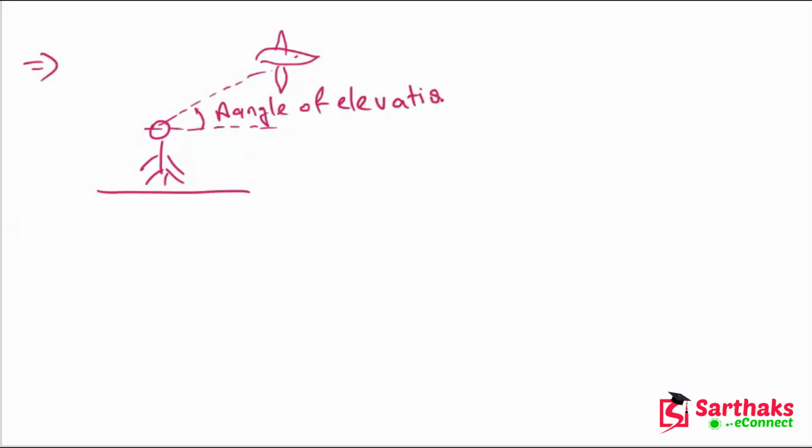So we can say that the angle of elevation is an angle that is formed between the horizontal line and the line of sight. What is line of sight?